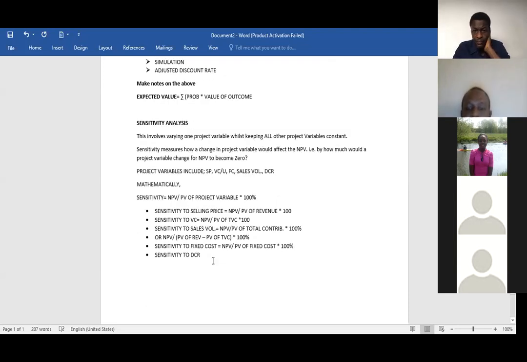Okay, now, our sensitivity to discount rate. By how much will discount rate change? When I ask the question, by how much will discount rate change for NPV to become 0, what's the first thing that pops in your mind?